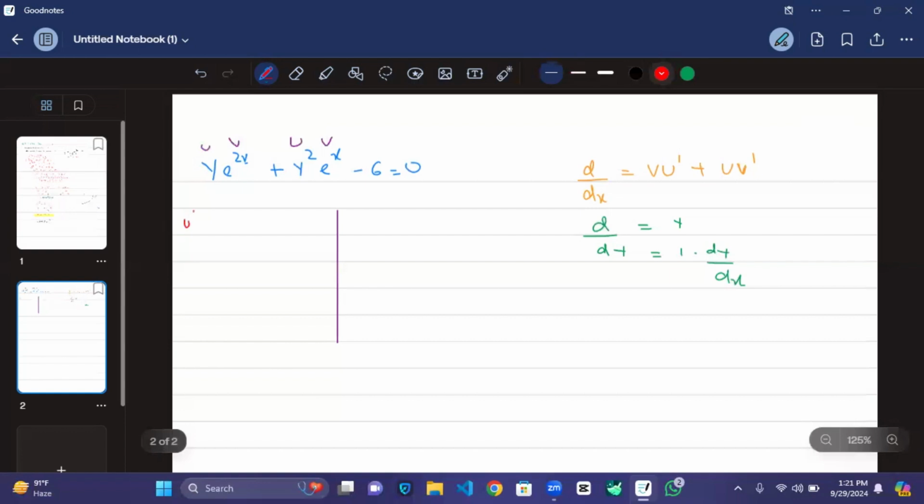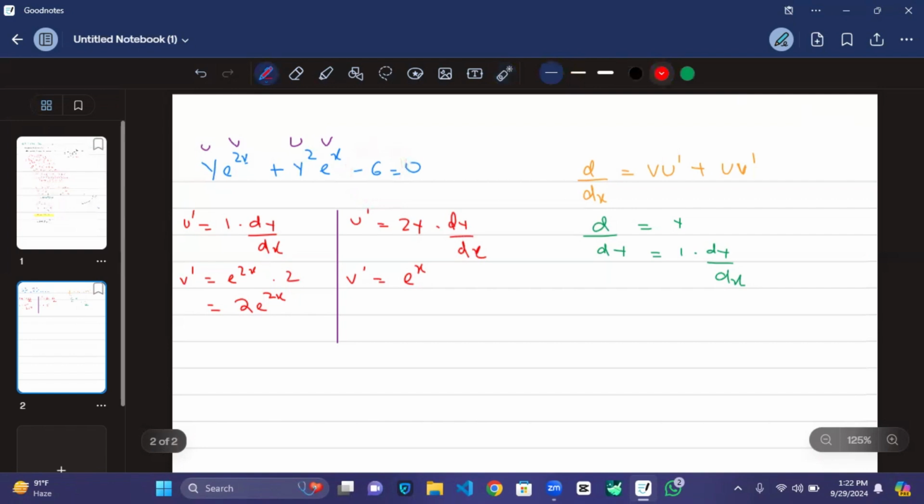So u dash will be 1 dot dy over dx, and v dash will be e to the power 2x dot 2, so now it will become 2 e to the power 2x. And let's differentiate for the other case. The value of u dash will be 2y dot dy over dx, and the value of v dash will be e to the power x as it is. And the differentiation of minus 6, as you all know, will be 0.